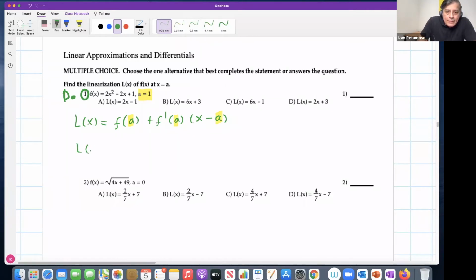So L of x: f evaluated at 1, you have the function evaluated there, plus the derivative of the polynomial function evaluated at 1 times x minus 1. Very good.